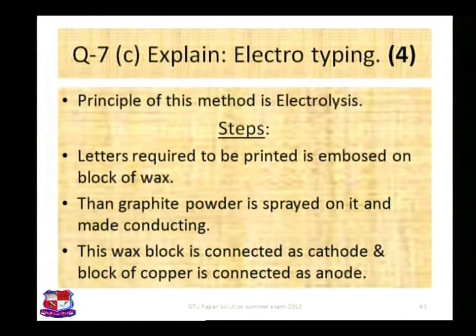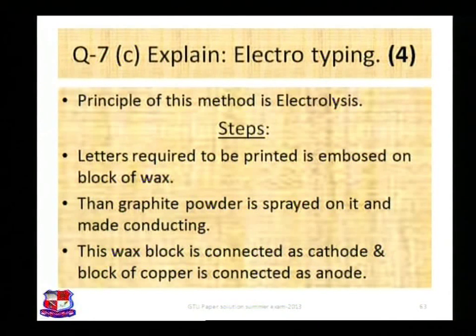The next question, question 7c: explain electroplating. The principle of this method is electrolysis. Very important: electroplating, electro-refining, all these are very important short notes that one has to remember clearly by concept.